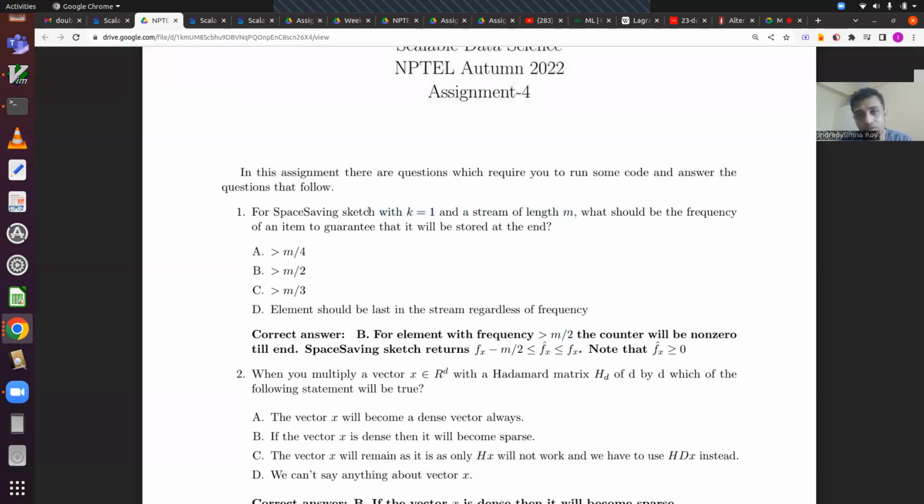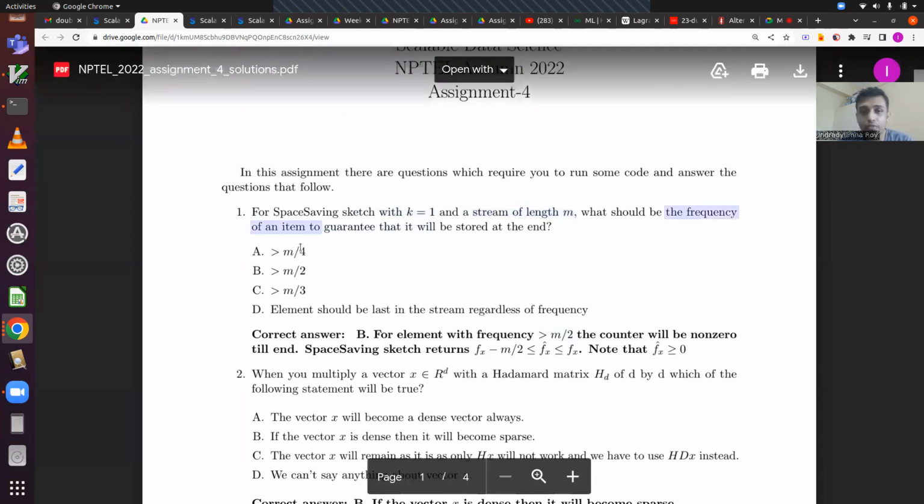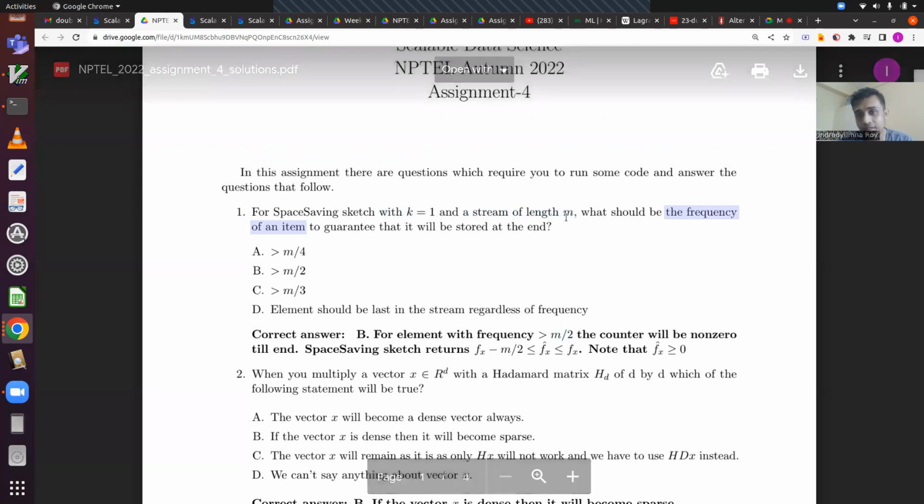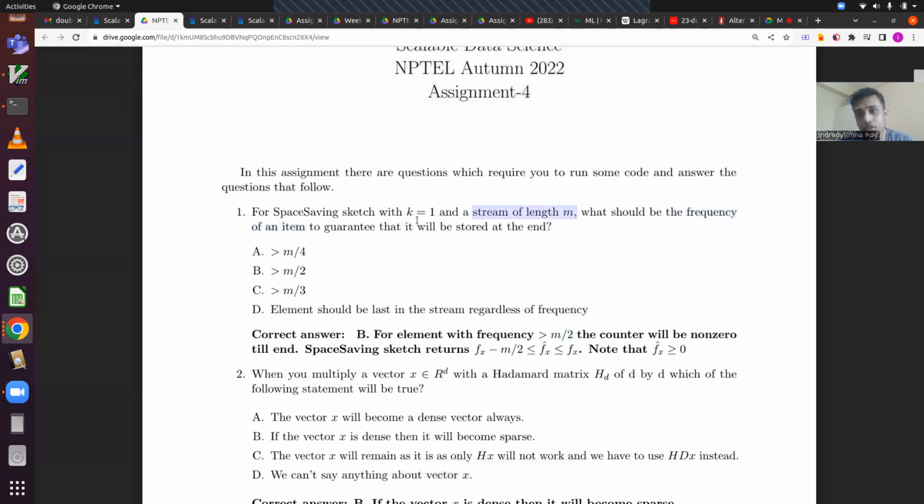That we have only one counter and we have a M length, let's say array, stream is array, nothing else. What should be the frequency of an item? Item is every item in the stream. So frequency of item is how many times that item occurs. And it's asking how many times should it occur so that at the end this counter can identify it.